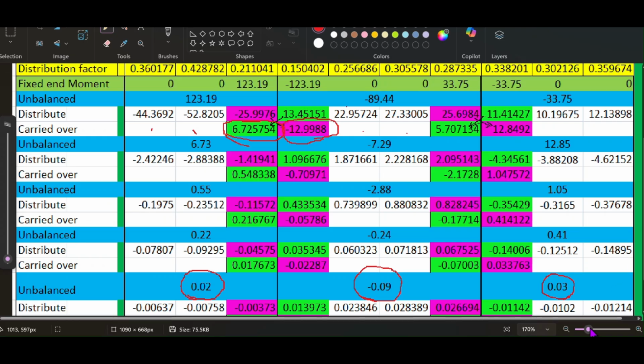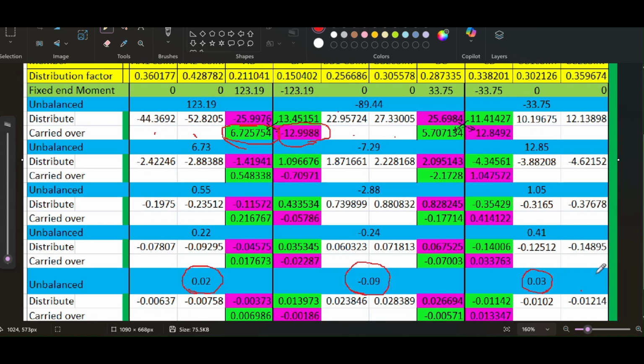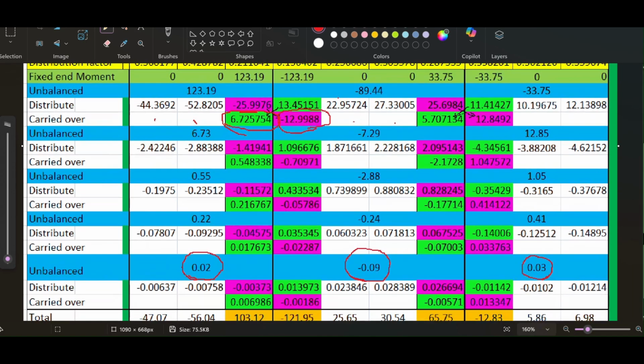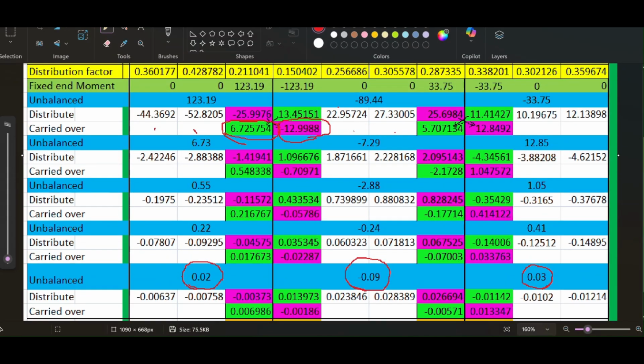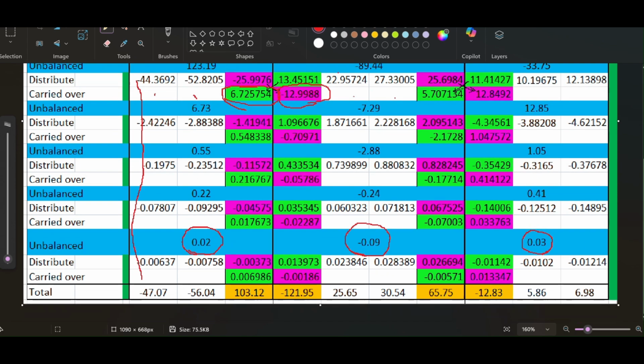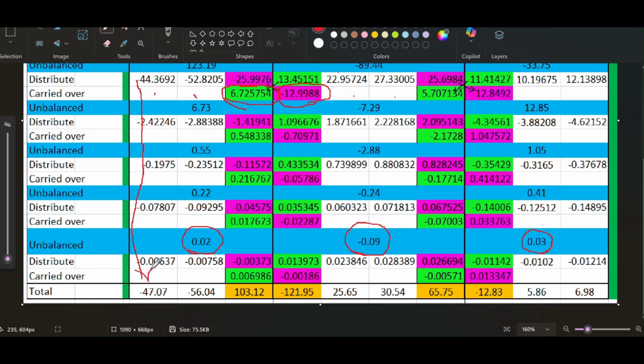Now take a total. From the place of distribution, 44.36 minus, add these columns and we get this value. Similarly, do this for this portion, and we get this value.